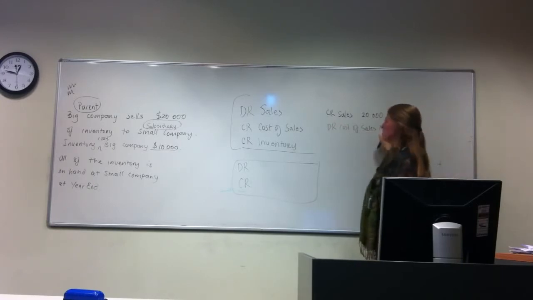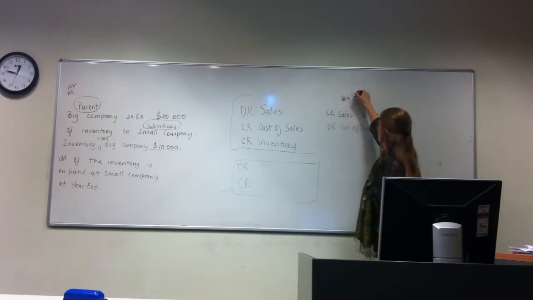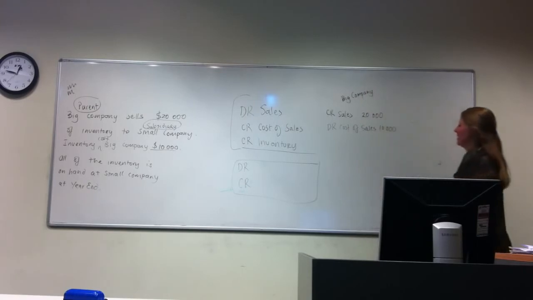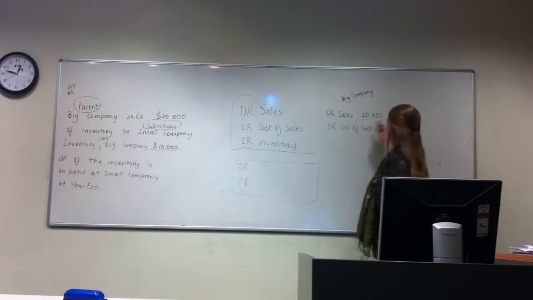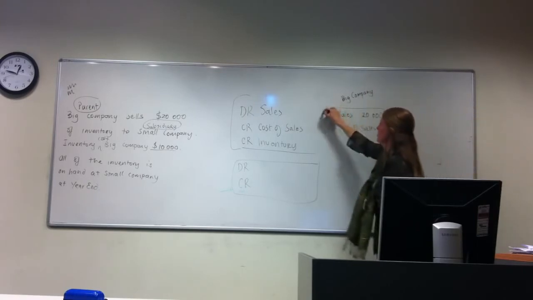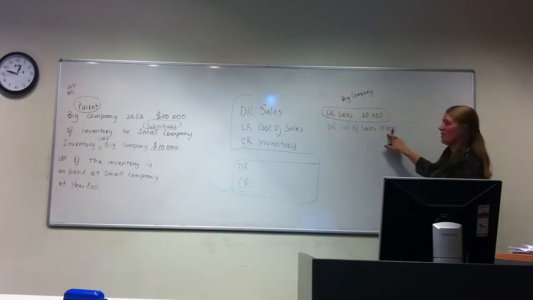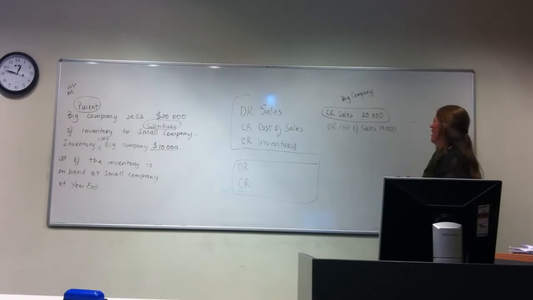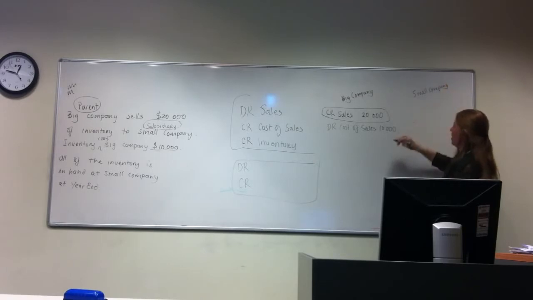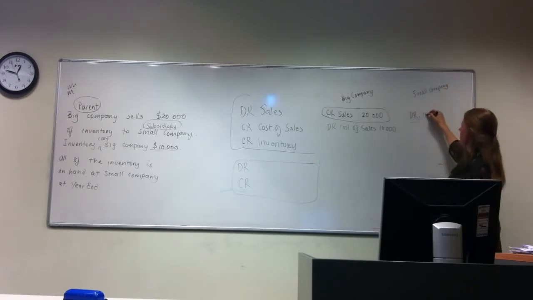And what else would we have in the books of big company? Tax. We'll deal with that a bit later. But basically they've got sales of 20, and obviously they've incurred cost of sales of 10. You agree with that? Okay. In the books of small company, we're going to debit inventory.